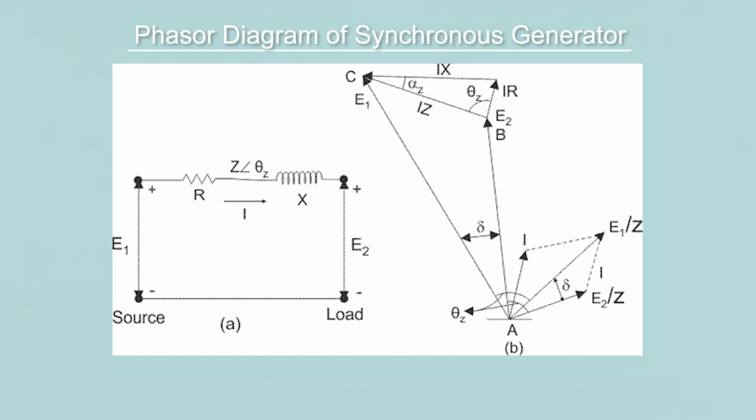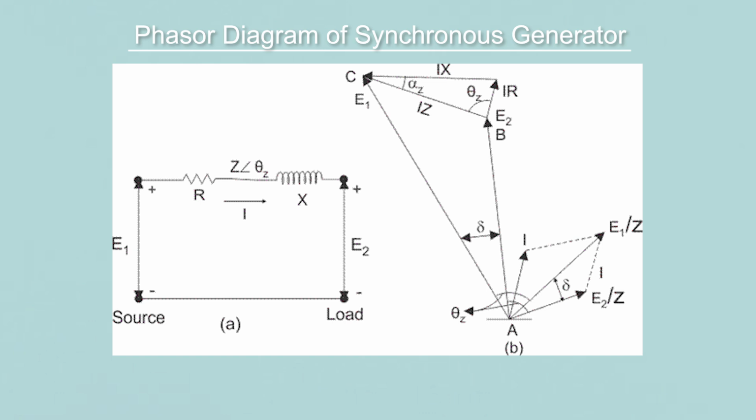Now, if you observe in this phasor diagram, we have taken E2 as the reference. Receiving end voltage we have taken as the reference. And the series current is lagging this voltage by some angle. There will be some voltage drop in the resistance, and that voltage is in phase with the current. We have marked this as I into R. From the tip of this phasor E2, you have IR.